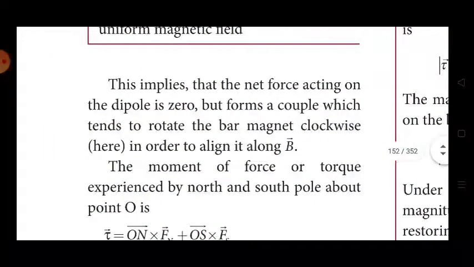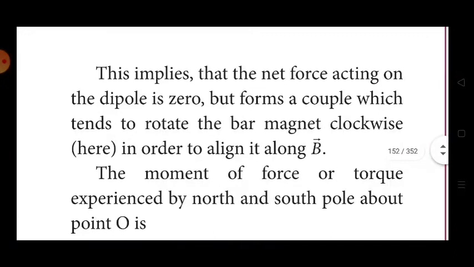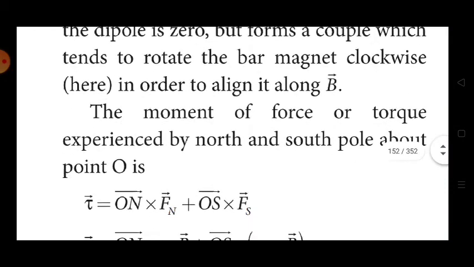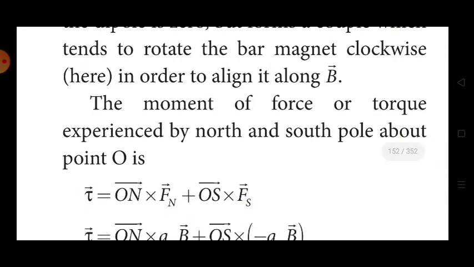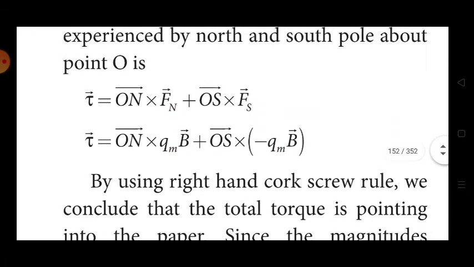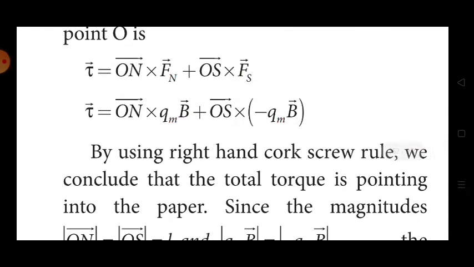This implies that the net force acting on the dipole is 0, but it forms a couple which tends to rotate the bar magnet clockwise in order to align it along the B vector. The moment of force or torque experienced by the north and south poles about point O is torque vector equal to ON vector cross Fn vector plus OS vector cross Fs vector.